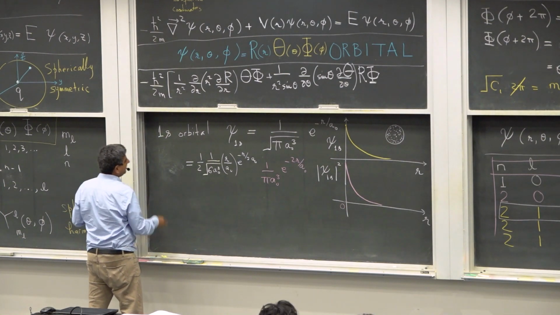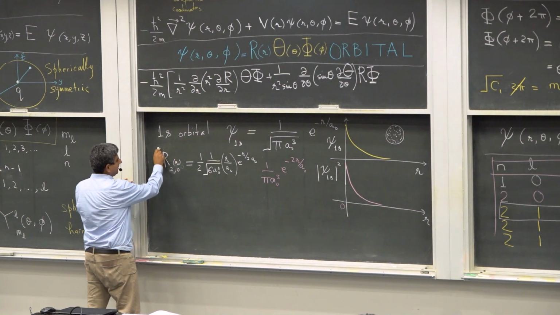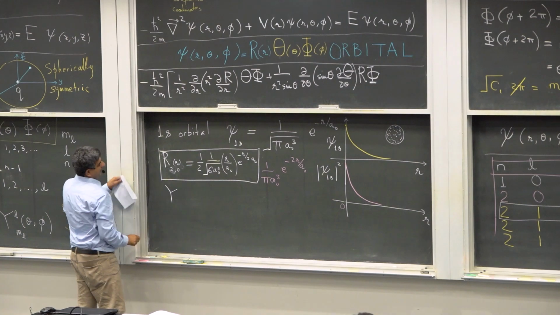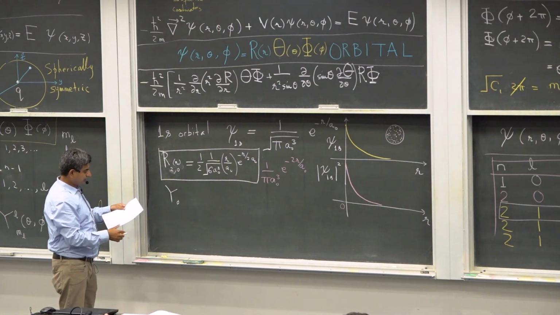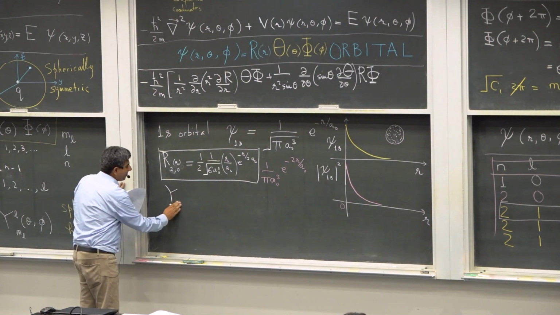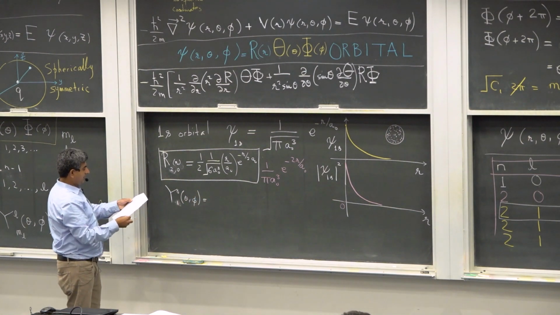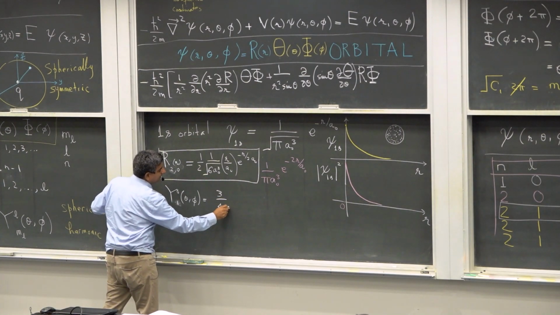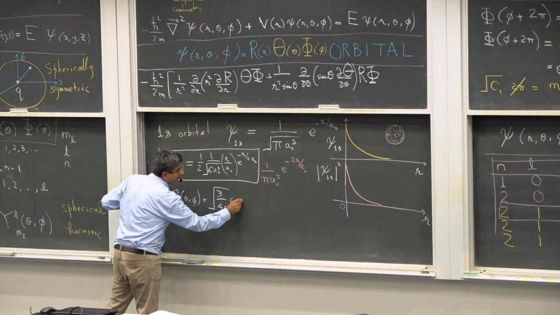This is my R 2 0, and my Y 0 0, by 1 0. L is 1. What is this equal to from my table? This equals the second entry, root of 3 over 4 pi, cosine theta.